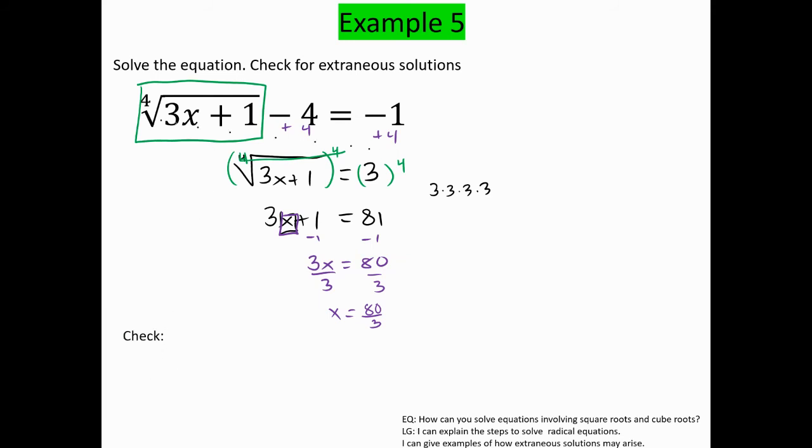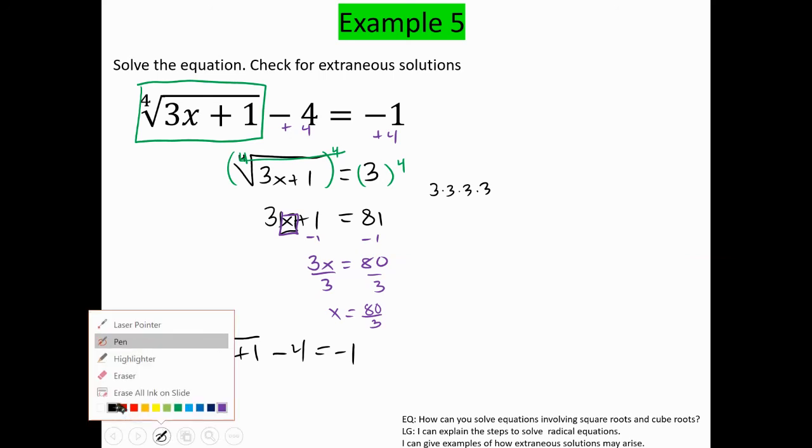So I'm just going to rewrite this, but instead of x, I'm going to put a 3. So 4th root 3, all of that, plus 1 minus 4 equals negative 1. So basically this left side needs to be negative 1. All right, so we're going to plug in our answer, 80 over 3. Well, that's nice. 80 over 3 times 3, those 3's cancel, so it's just 80.